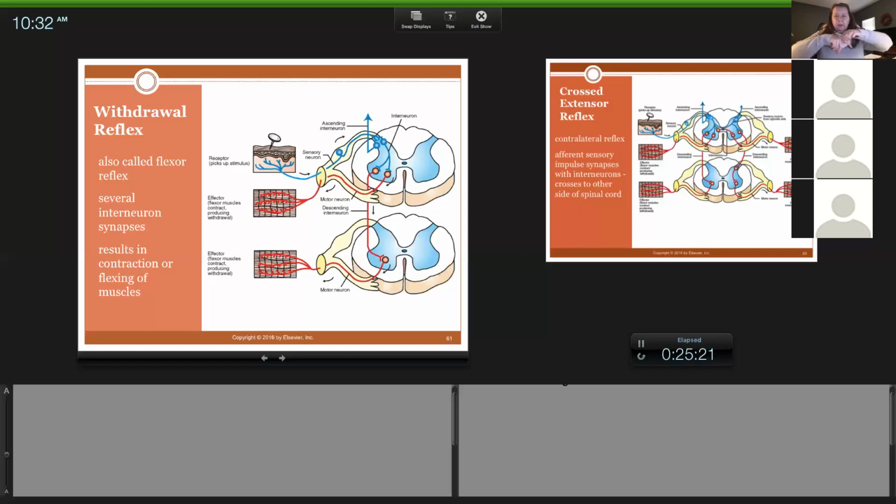If I take a clamp and clamp a dog's toe, I expect them to withdraw their paw, okay? Because it hurts. That's protective, okay? If I have a dog that has a disc that's putting pressure on a nerve, sometimes you'll sit there and pinch the toe and it won't do it, or it's delayed.